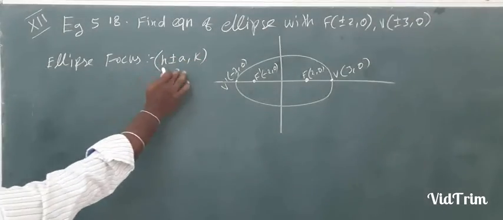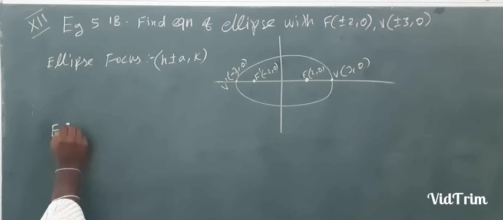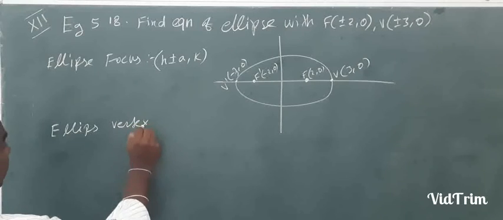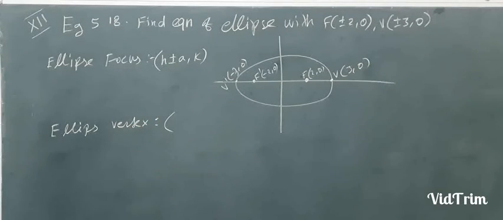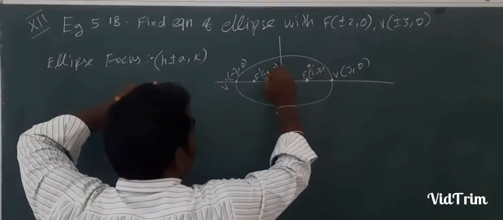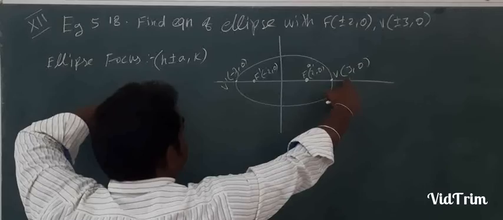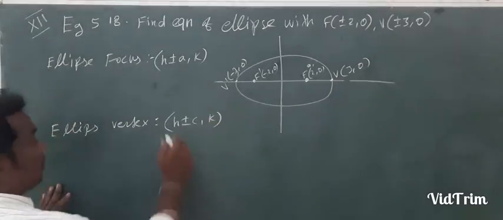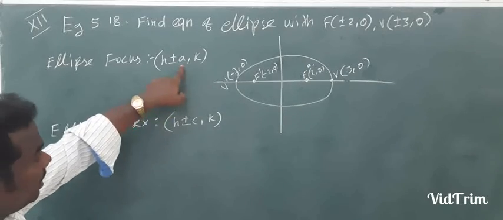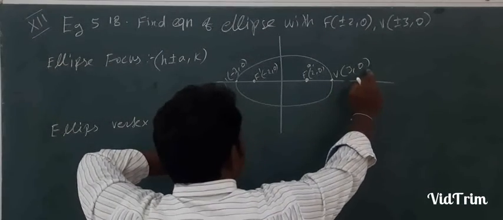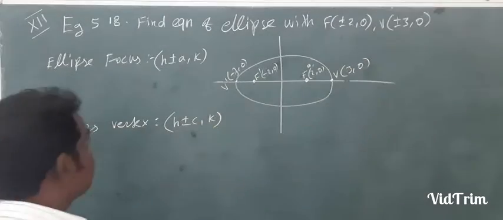That is the general format for the focus, and for the ellipse vertices it is h plus or minus a comma k. This is a and this is minus a, but this is c, h plus or minus c comma k. Both are the same, but the difference is a here and c here, because we have c comma 0 and minus c comma 0.